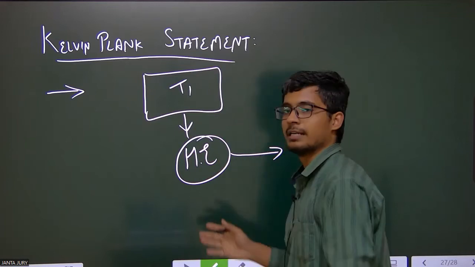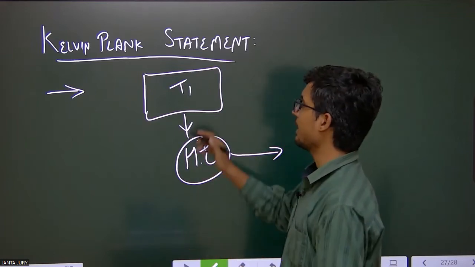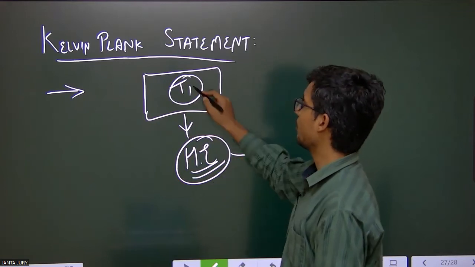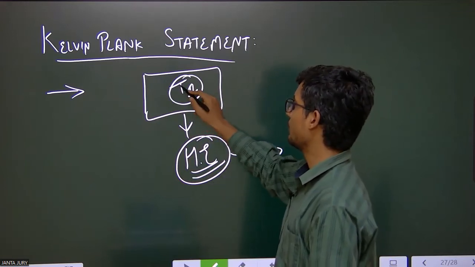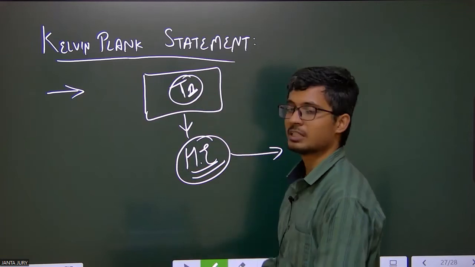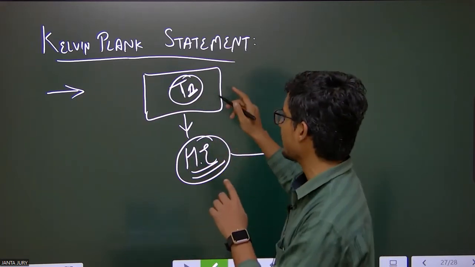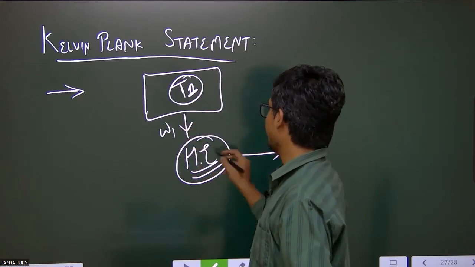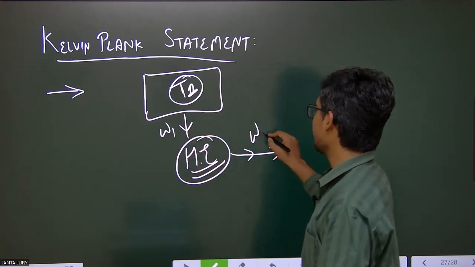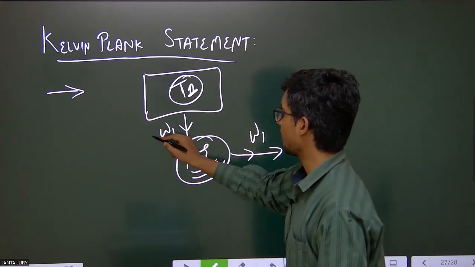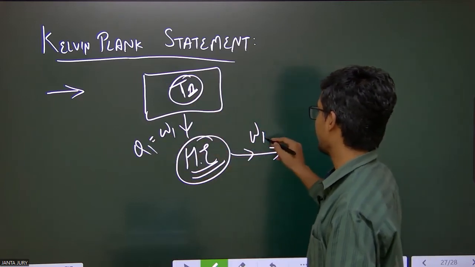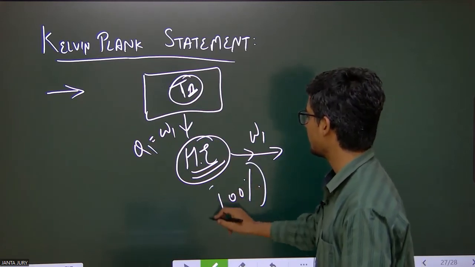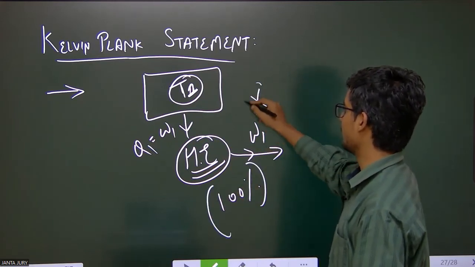This statement is an application. It says it is not possible to have an engine producing work with only one source of heat. It must have two, because if it had only one source, it would be converting all the energy supplied to it into work with 100% efficiency. So Kelvin said that this is not possible under any condition.